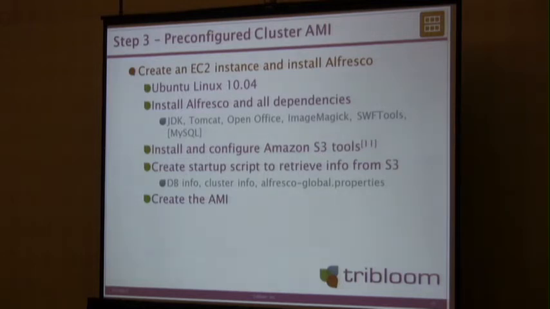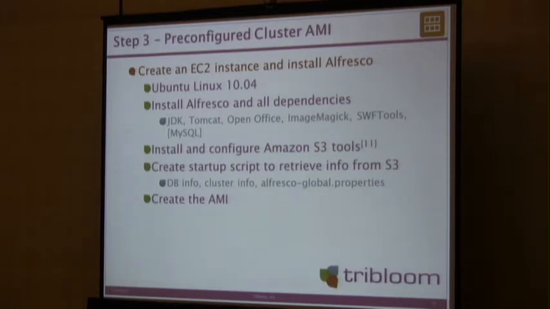Since we need the instances to know what's going on when they start up to join the cluster, we're going to talk to S3 and pull some information from S3 so we know where our database is, where any instances already in our cluster are, and also the Alfresco global properties. The reason I put Alfresco global properties in there is if you want to make a property change, you don't want to have to create a new machine image.